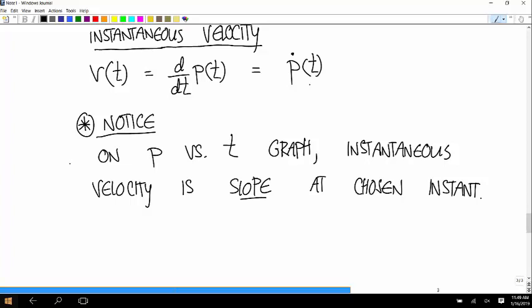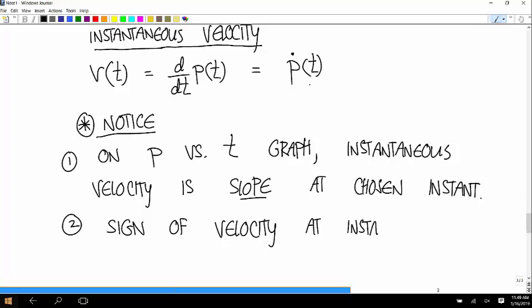And actually, let's make this number one. And I want to say one more thing that you need to keep in mind about the velocity. And that is the sign of the velocity at an instant is the direction the object is moving at that instant.